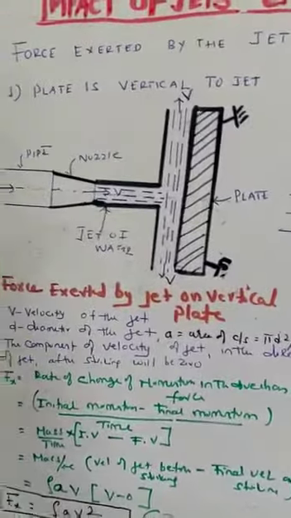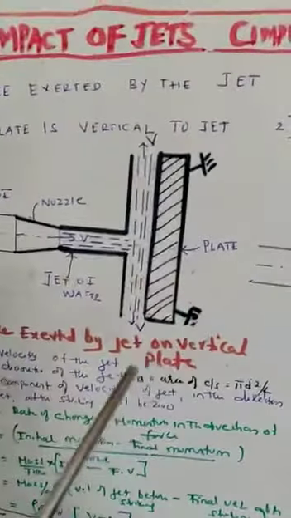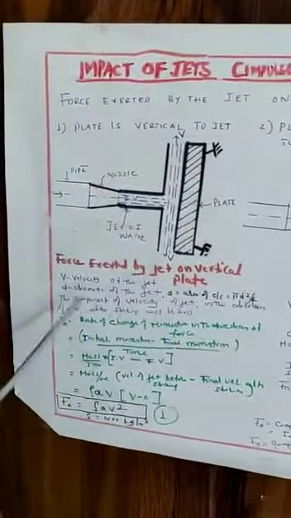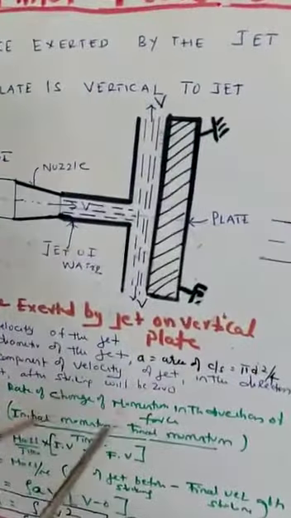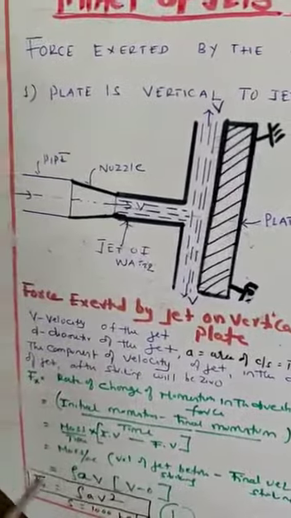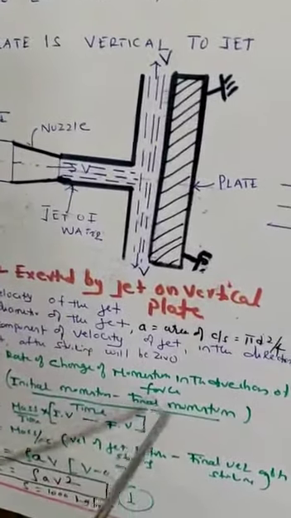Here we will be using Newton's second law of motion as well as the impulse momentum equation, and the component of velocity of the jet after hitting will be 0. Fx is the rate of change of momentum in the direction of force, that is initial momentum minus final momentum divided by time. So that can be written as mass per second into initial velocity minus final velocity.